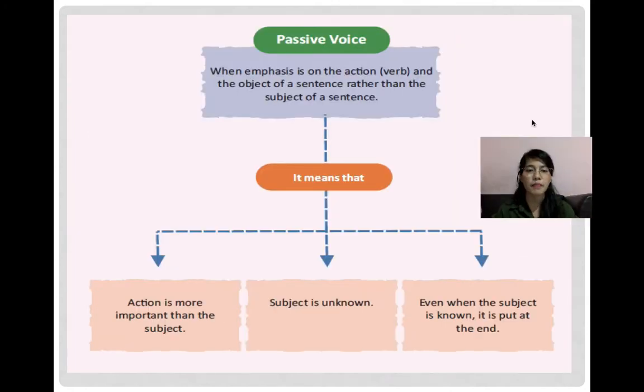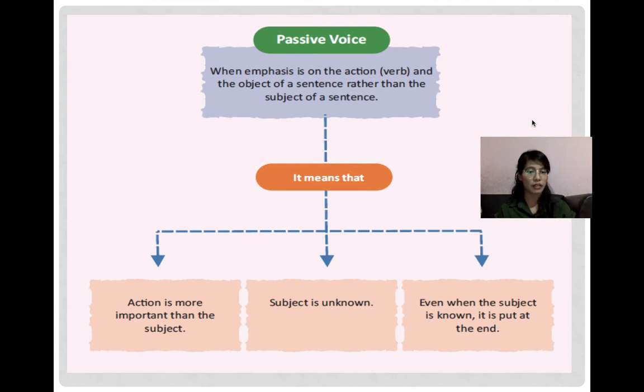So let's see passive voice. It is used when the emphasis is on the action or verb and object of a sentence rather than the subject of a sentence. So it means that the action is more important than the subject, and the subject is unknown. Even when the subject is known, it is put at the end.